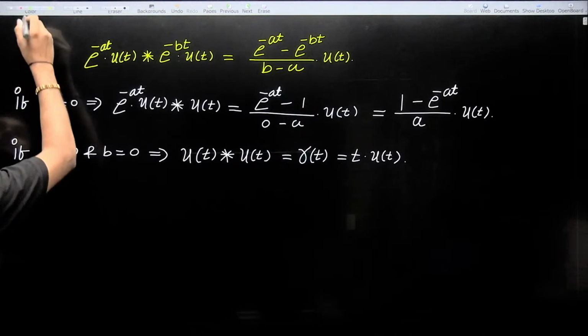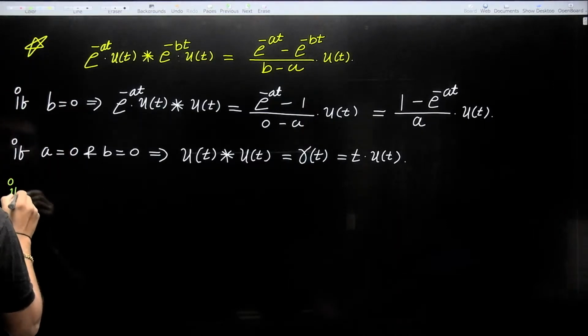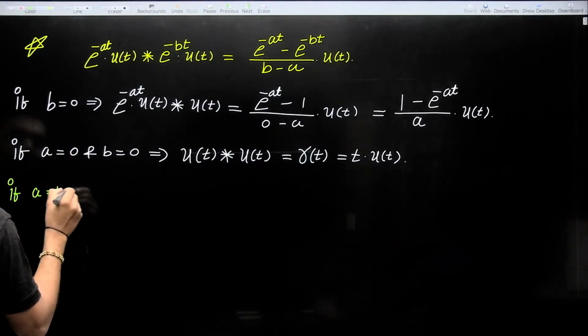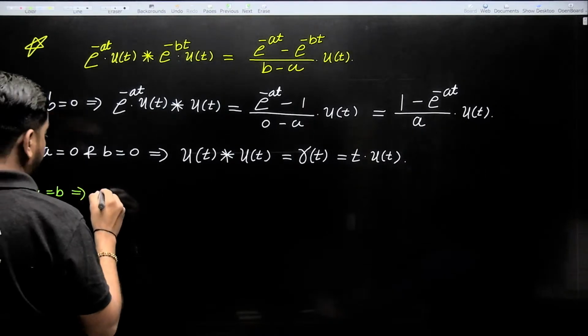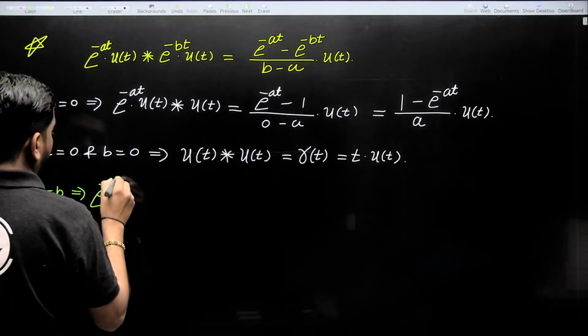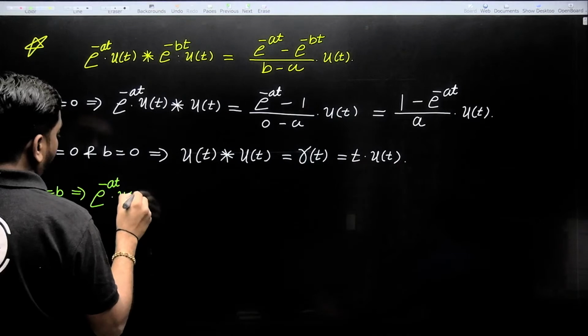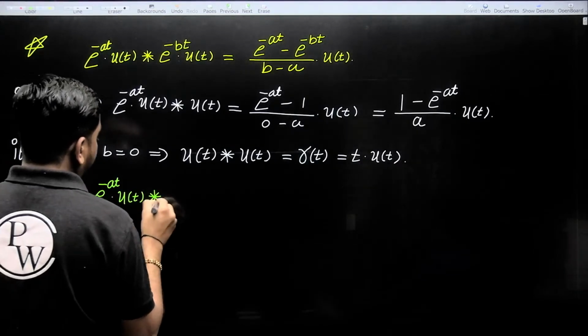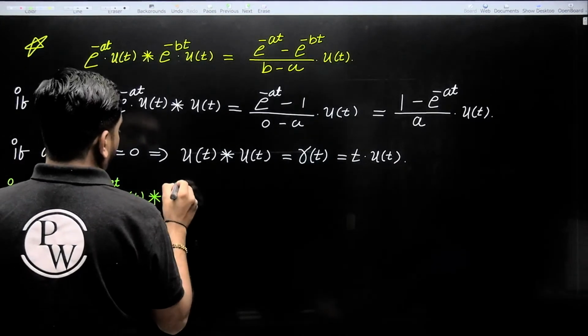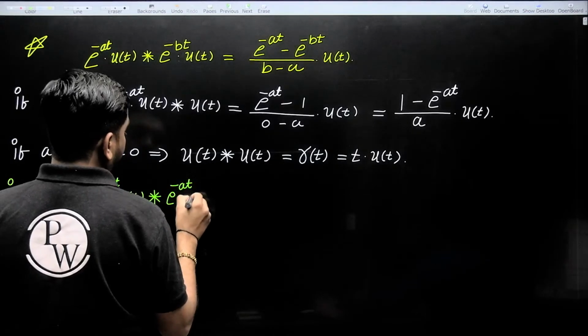Now next is very much important. Suppose a is equal to b, guys, then e to the power minus at u of t convolution with e to the power minus at into u of t.